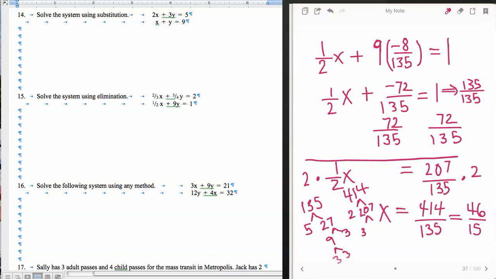So 3 goes into 207 69 times, and 3 also goes in there 3 times, and 3 goes into 9 3 times. And so we could also make this look like 3 times 3 times 3 times 5 all over 2 times 3 times 3 times 23, oops, times 23.